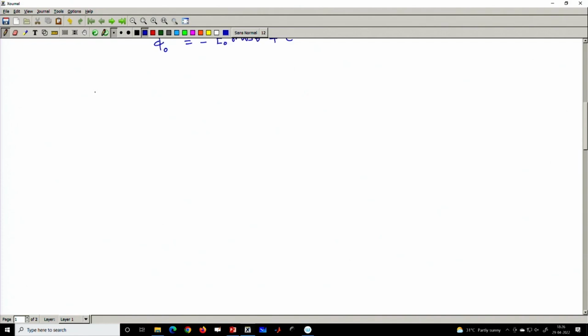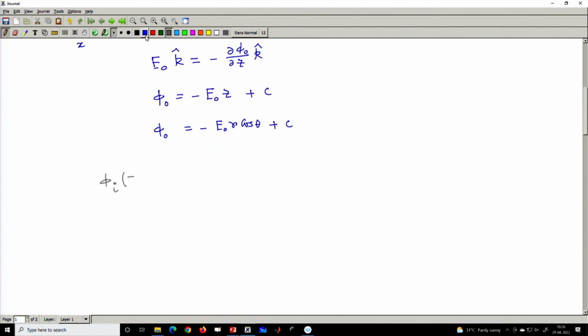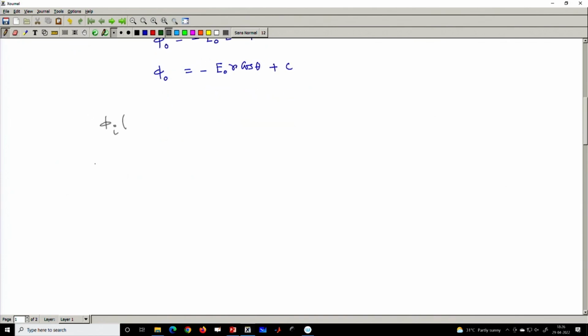Now, what is phi I? That I can calculate, because the potential due to the induced electric field is a solution of the Laplace equation.